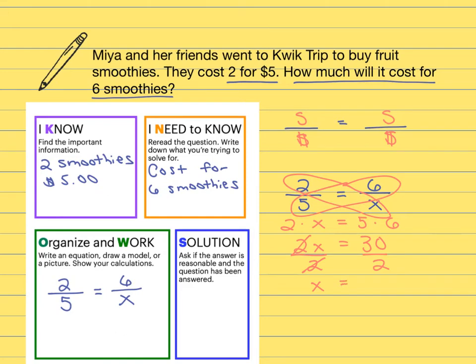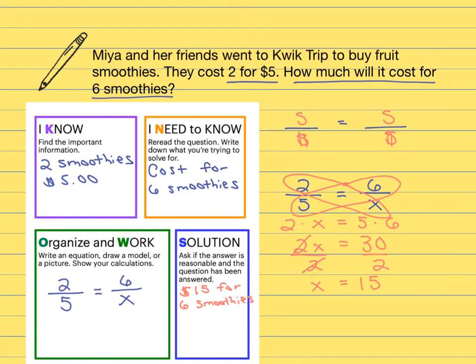And that equals 30 divided by 2, which is 15. So we know that it's going to cost $15 for 6 smoothies. That's our solution.